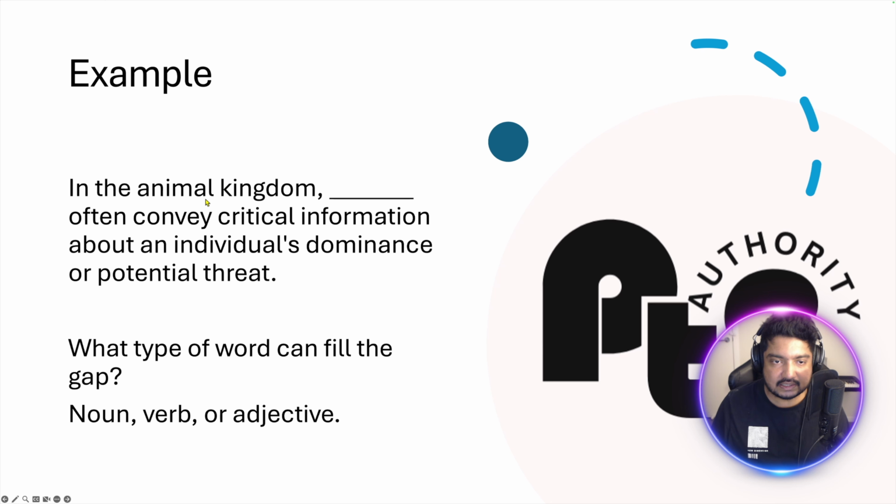Let's look at the sentence carefully again. In the animal kingdom, something often convey critical information. It's a thing, so the possible options for this word are noun, verb, or adjective, but the way the sentence is phrased and constructed, this looks like a thing, so it should be a noun.